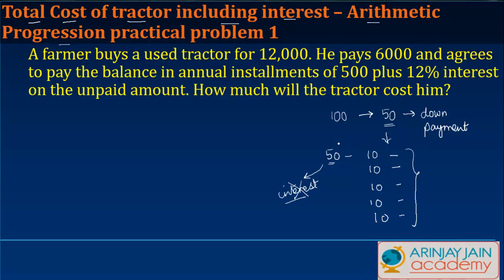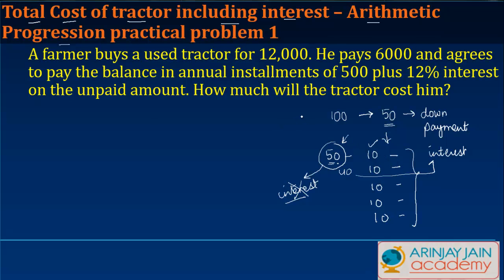So on this money that you pay me late, you keep on paying me interest depending on how much is payable. So let's say if rupees 50 is payable, you pay me interest on 50. If out of 50 you paid me 10, then only 40 remains. So you pay me interest on 40 and so on.